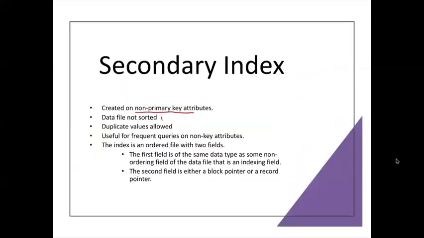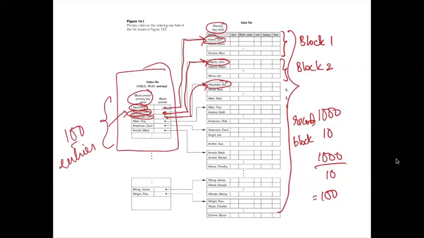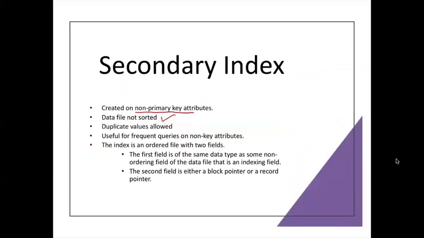So the data file is already sorted according to the primary key. So it is obvious that it cannot be sorted in two forms. So it is not sorted based on the non-primary key, whichever field we select. Duplicate values are allowed. Yes, if it is a non-primary key, then it is possible that they have duplicate values.